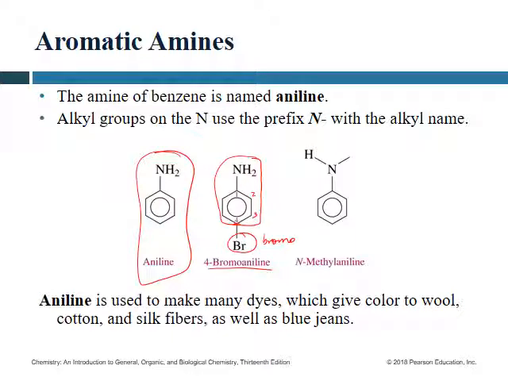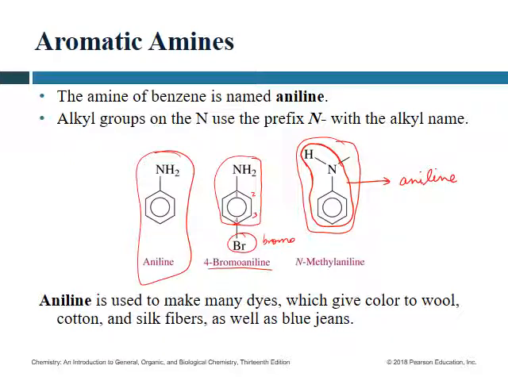Okay. Now in this case, if I were to name this compound, how would we name this? First thing you recognize, this is a benzene with amine. So the parent chain, which would be right here, we call aniline, right?